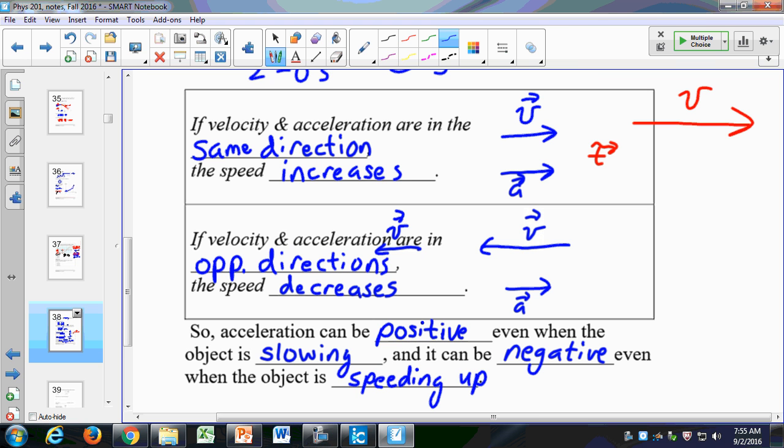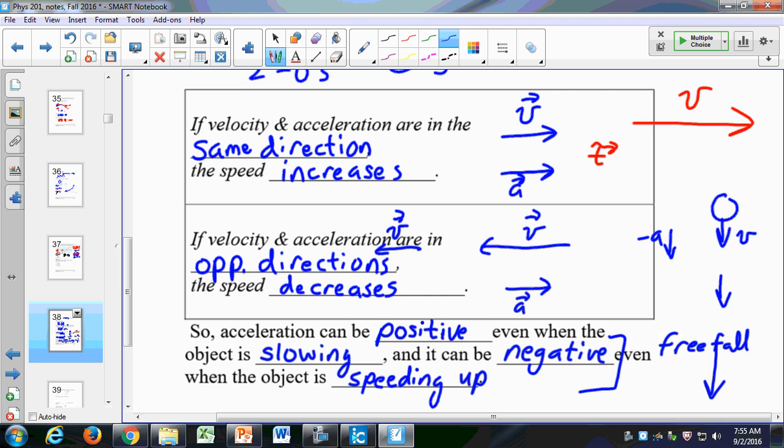And this example is like something in free fall. Because if I have something and I drop it, it has a velocity that increases, but it has an acceleration that is negative. So it has a negative acceleration, but it's speeding up.